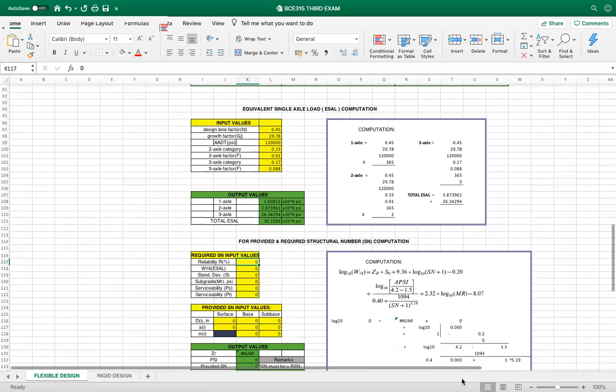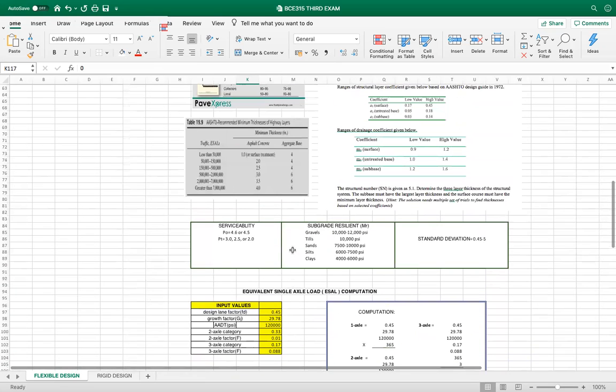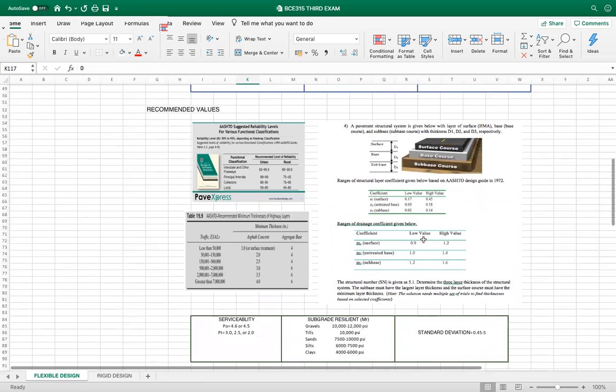I'm going to use the suggested values here.